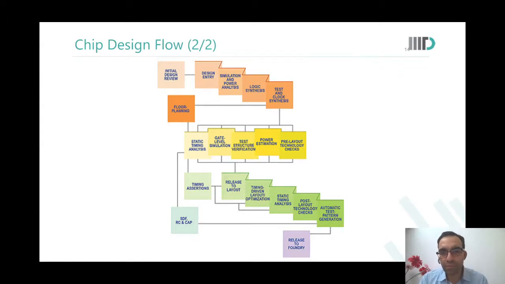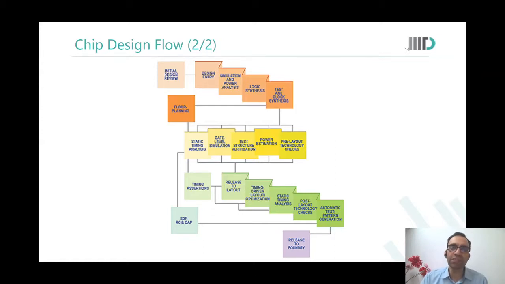So the question was once again related to test structure verification. In gate level simulation, we know that our circuit has this particular function. So in test structure verification, we are basically pushing it to its limits and finding out if there is any error. Yes and no. In a gate level simulation, I'm connecting the processor and the memory and all the different slaves of the processor and testing that everything as a system is working fine.